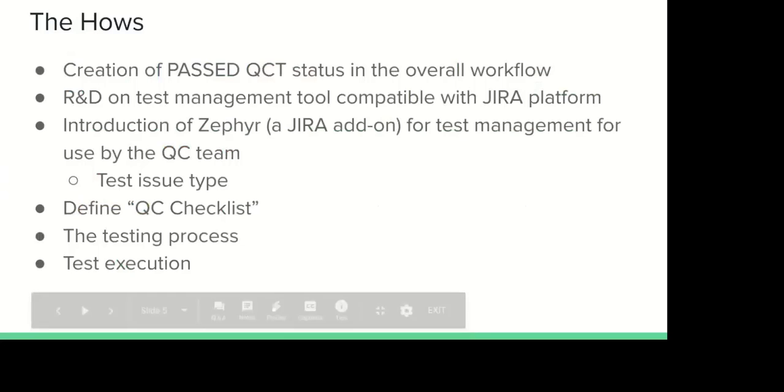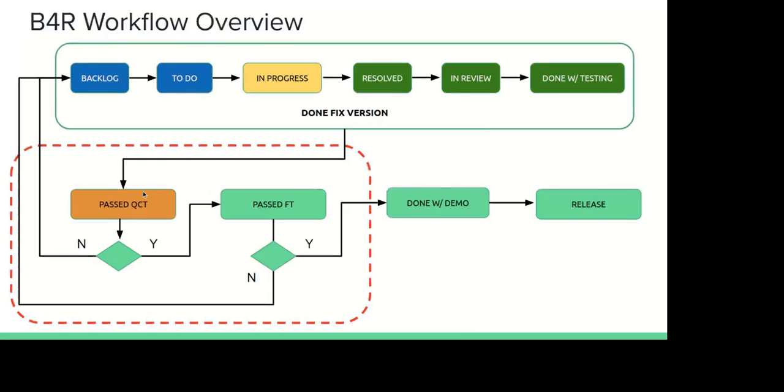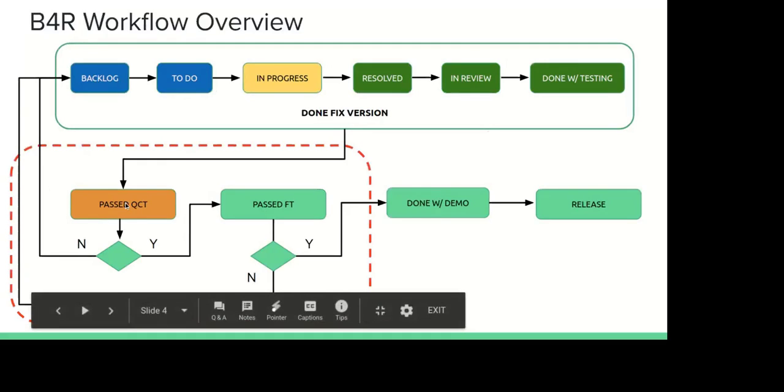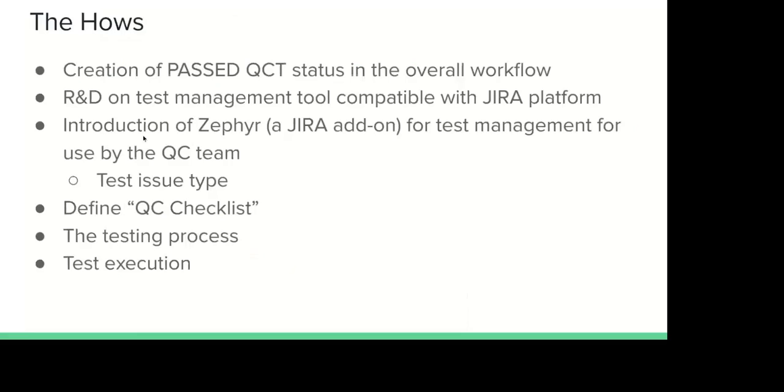So now the hows. We decided to create a past QCT status in the overall workflow as depicted earlier, this one in the orange box, past QCT. And then we decided to research a test management tool compatible with the Jira platform.